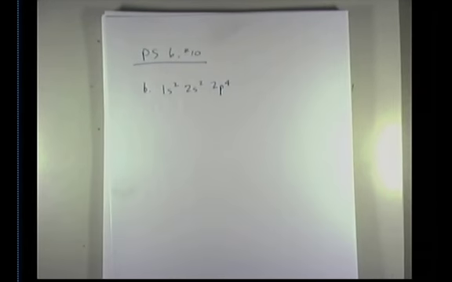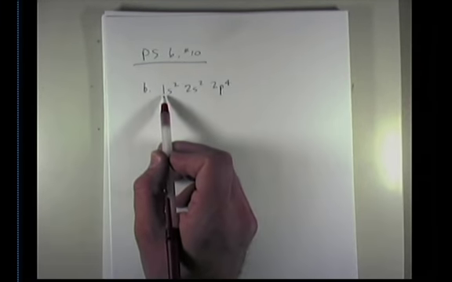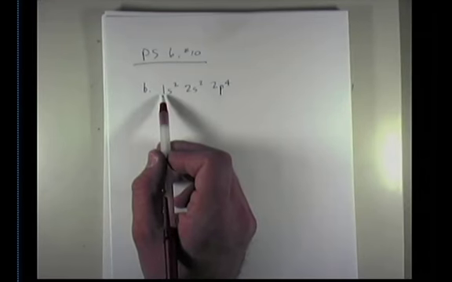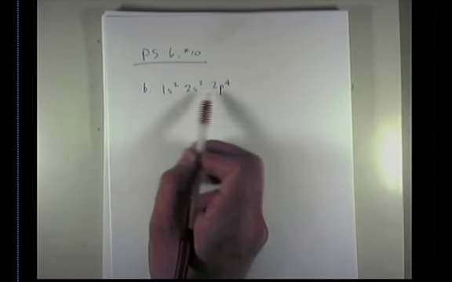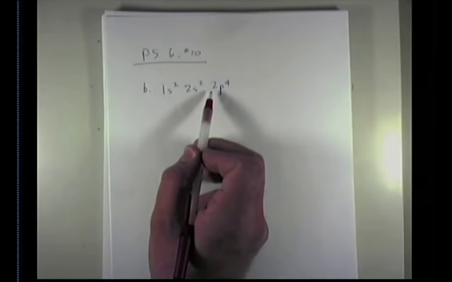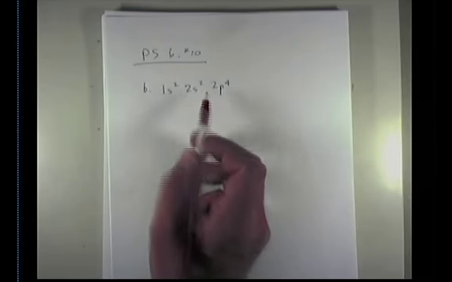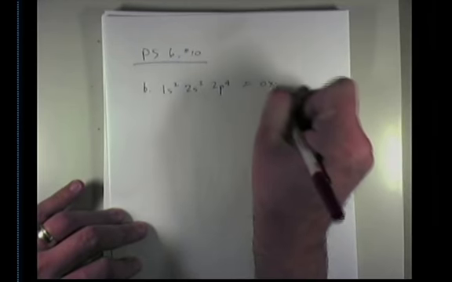As we look at the periodic table and try to figure out where that is, we'll notice that 1s2 takes us from hydrogen to helium, and then 2s2 goes through lithium and beryllium, and 2p4 takes us 4 elements in to element number 8, which is oxygen.